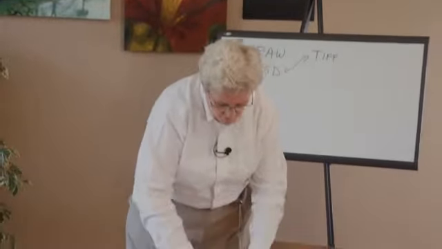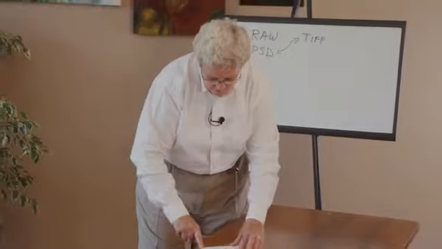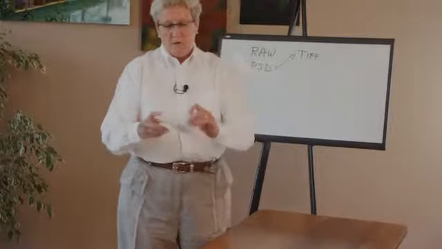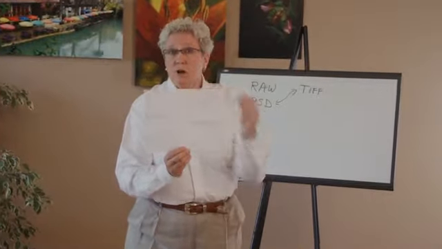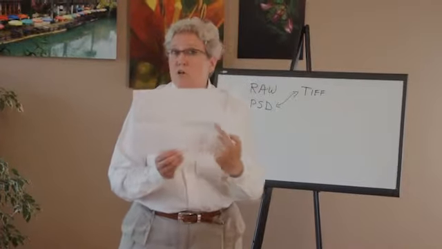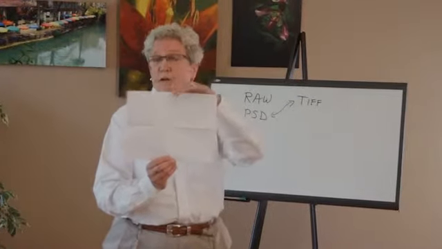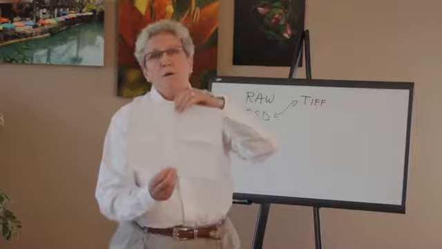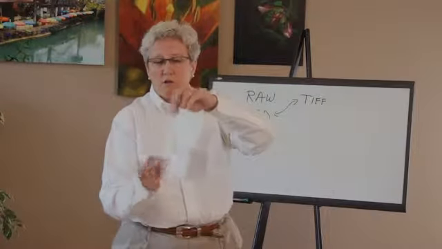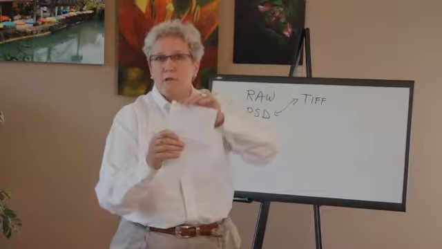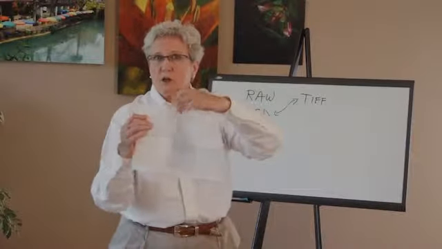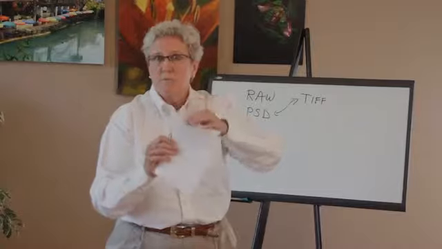If I fold the paper one more time, and I open this up, I now have a TIFF file. Not a lot of things lost, not a lot of information lost along these fold lines. There's only 2 fold lines. Because every time you open and close a file, this is what you're doing. You're opening and you're closing along those lines. And so information gets lost in those fold lines.